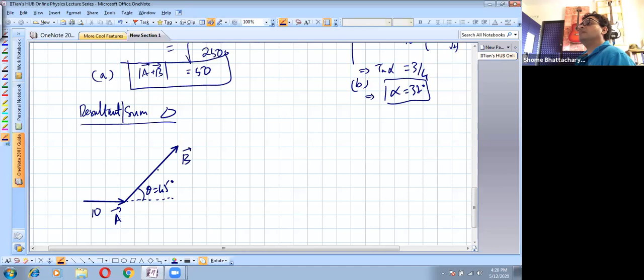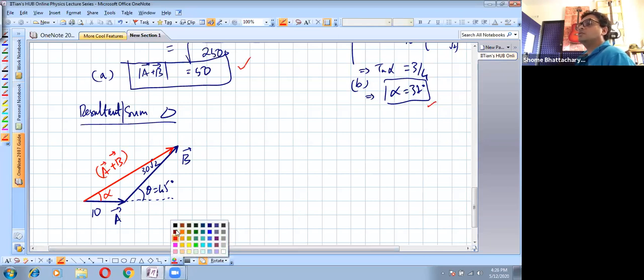This is vector B, which has a magnitude of 30 root 2. So in this triangle now, this here will be the sum, which is the resultant which we are looking for. And this will be the angle alpha. So we have calculated the sum's magnitude and the angle by the formula.